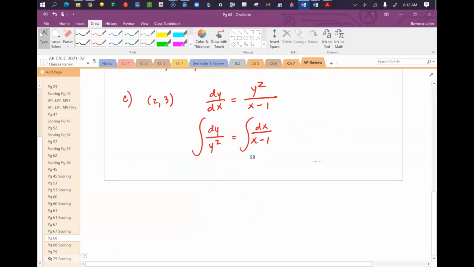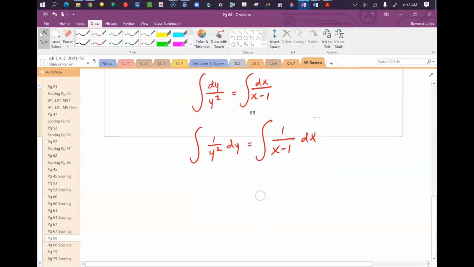If you're struggling recognizing what those antiderivatives are, you might consider rewriting it like this. The integral of 1 over y squared dy is equal to the integral of 1 over x minus 1 dx. You might even want to write the one on the left as y to the negative 2 dy.